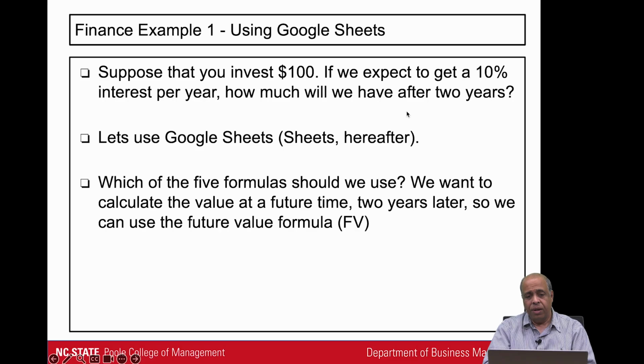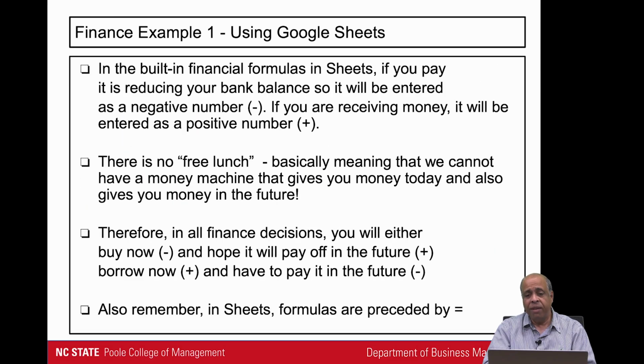Now, one of the things that we should keep in mind when we do all of these financial calculations is that when we're talking about money, there are basically 2 scenarios. Either you can get the money, in which case you're receiving money, so that's good for you. So we can enter that as a positive number, or you're going to be paying some amount, in which case you're paying the money. And in most cases, when we pay some money, we are not so happy, right?